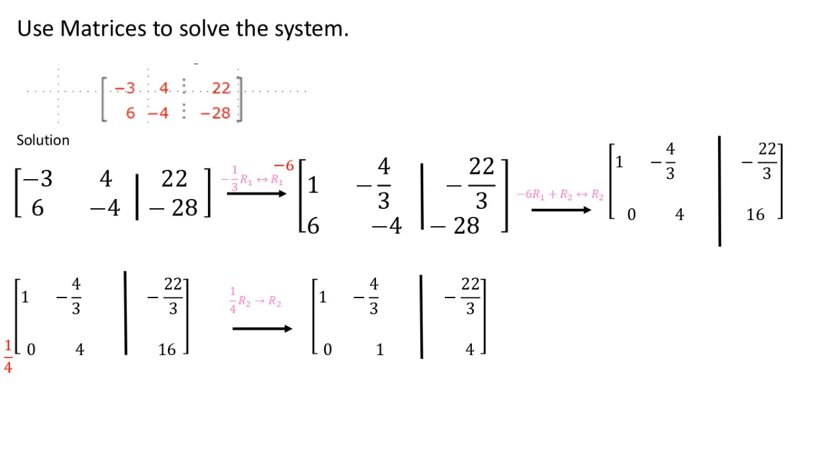And 1/4 times 16, or 16 divided by 4, is 4. So I got my 1. So now what I want is to get a 0 here. So to do that, I'm going to multiply a positive 4/3 to row 2. And I'm going to add that to row 1 to get my new row 1.